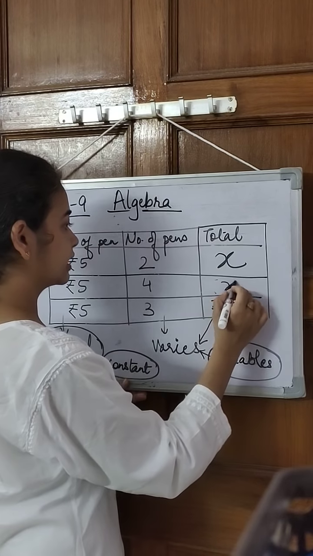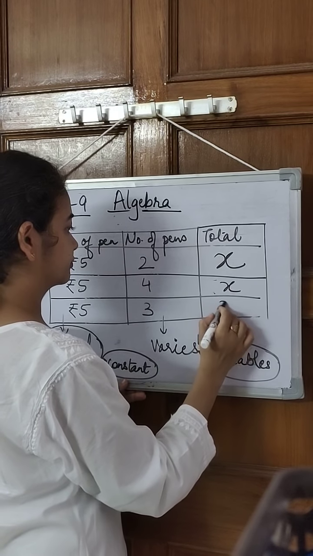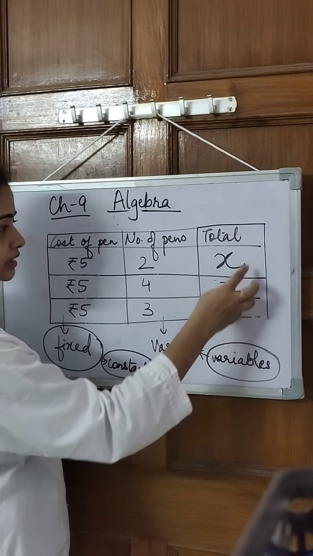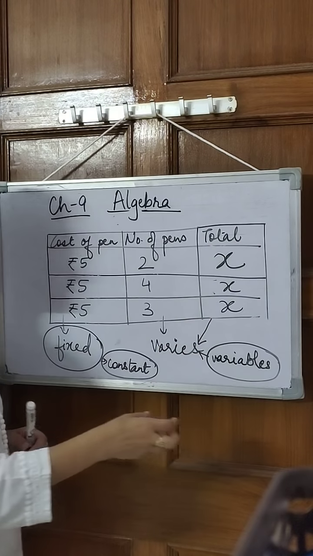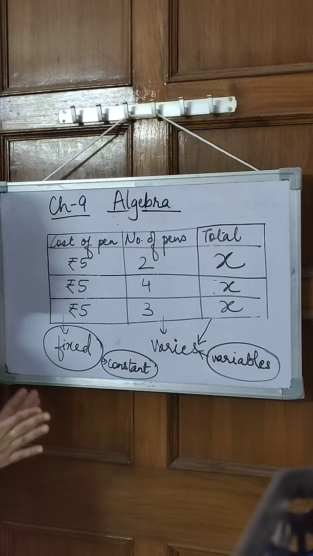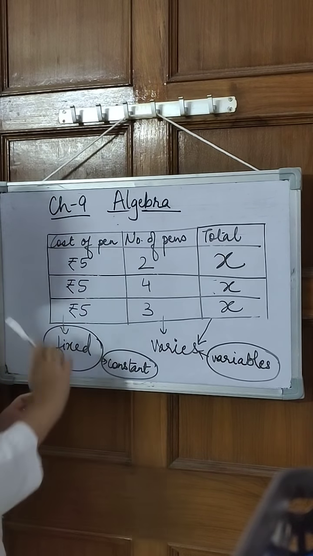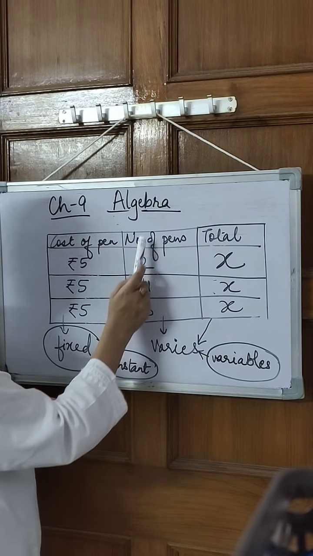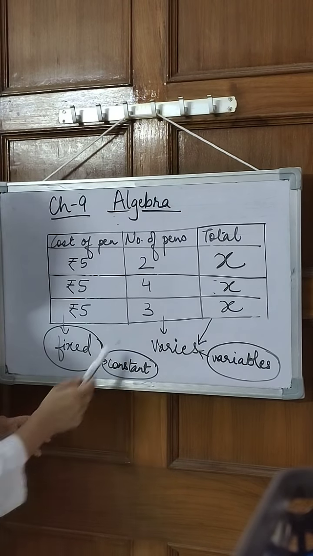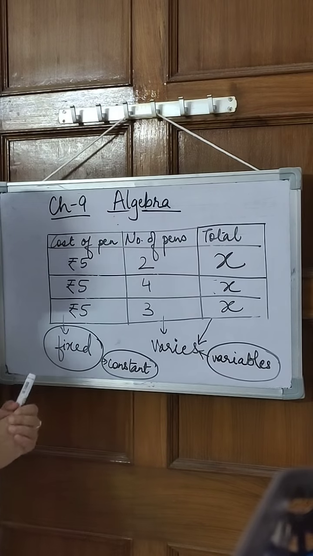And when I have 3 pens, this x will have a different value. So anything that varies means this same alphabet can take different numerical values according to the condition that is there. So here what is the condition? The condition is that the customer wants 2 pens. So here the value of x is 10. Here the condition says that the customer wants 4 pens.